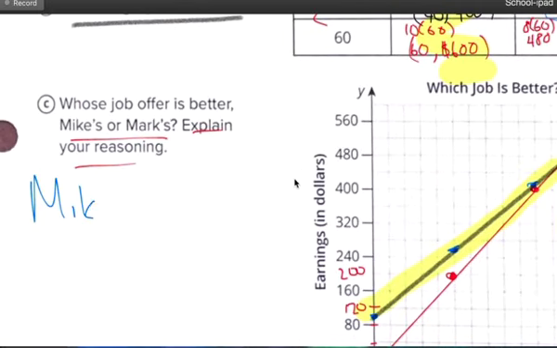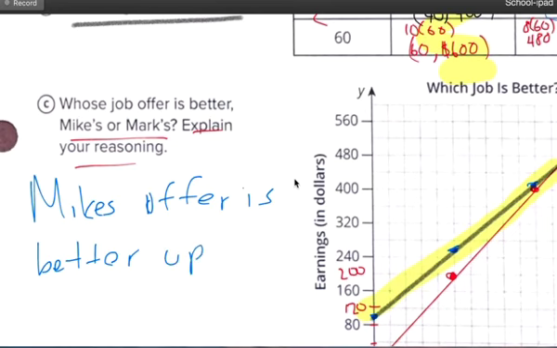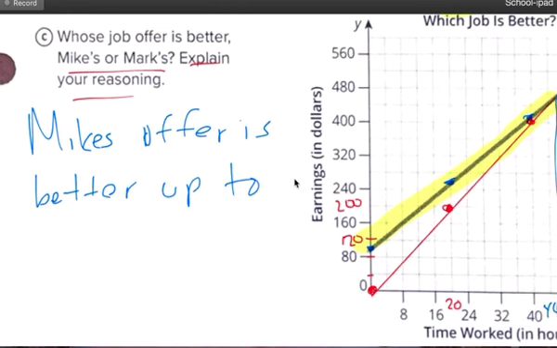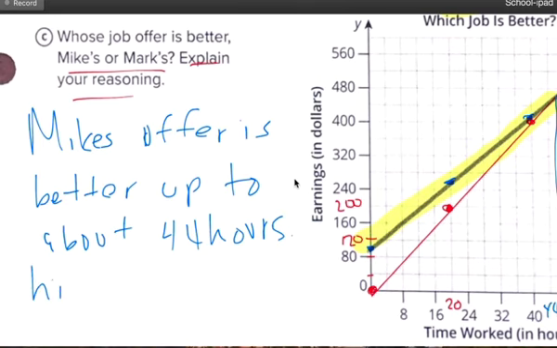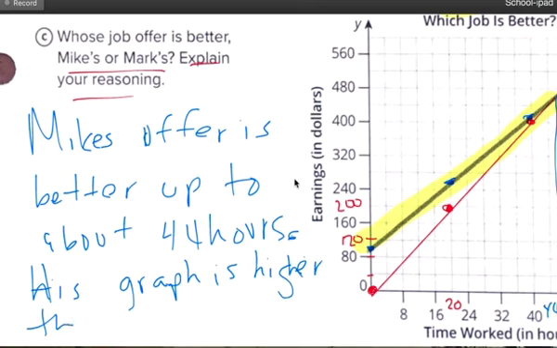Mike's offer is better after about 44 hours. This graph is higher than Mark. This graph is higher than Mark.